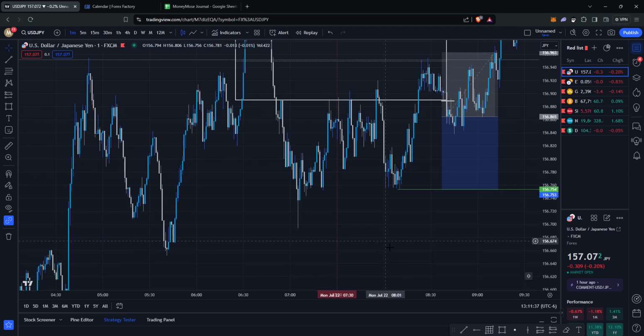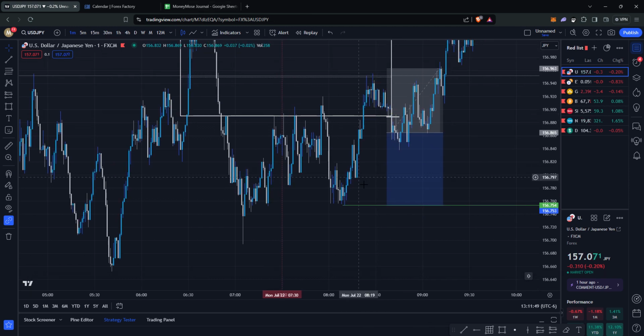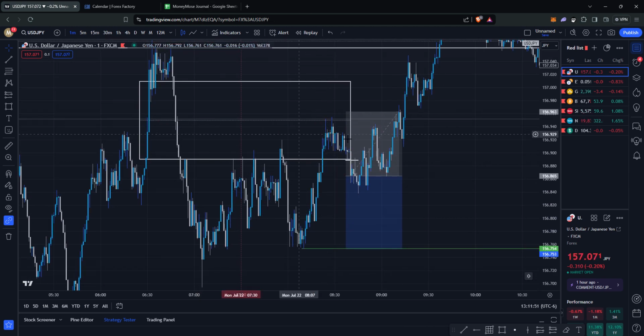You can see that we have some low resistance liquidity resting right here. I thought that this was going to be a prime target, especially because this leg had already taken out this low resistance liquidity up here, and we have these equal lows.